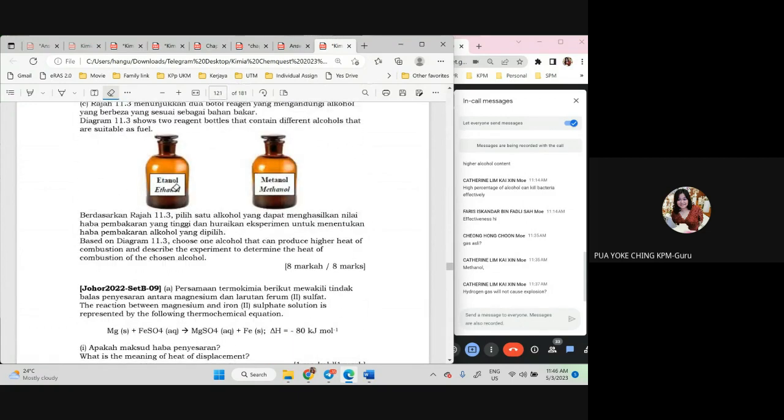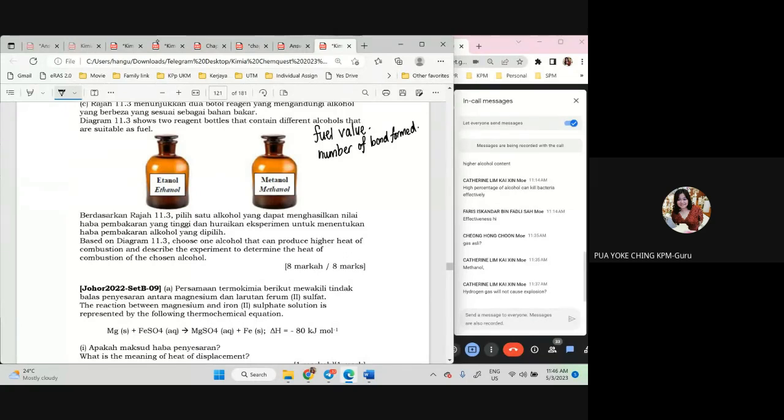Okay, so ini ethanol, ini methanol. Then which one is higher fuel value if you have the same type? Okay, tadi siapa? Catherine ada tanya, how we determine fuel value? Fuel value, it will depend on your number of bond formed. Okay, jumlah ikatan.